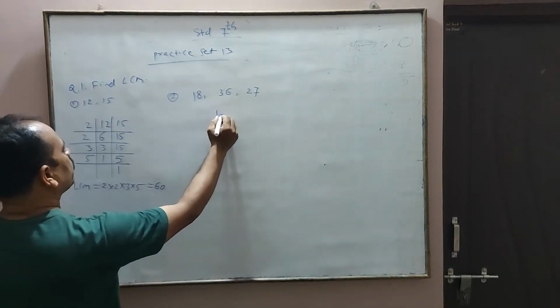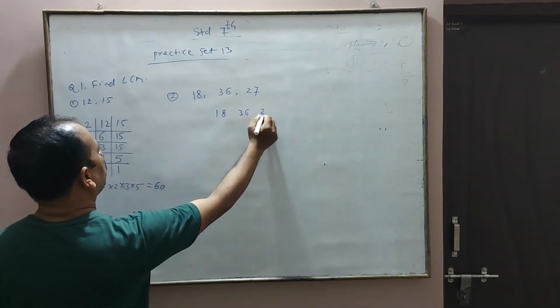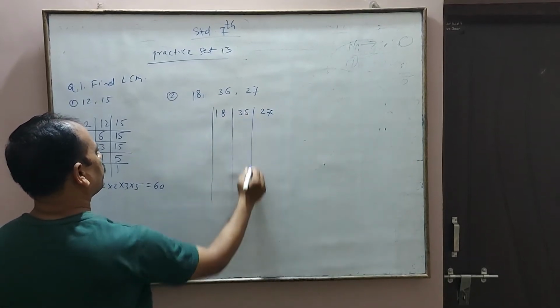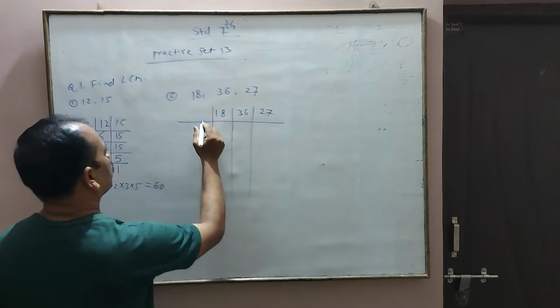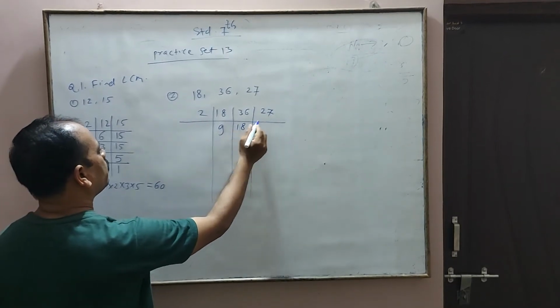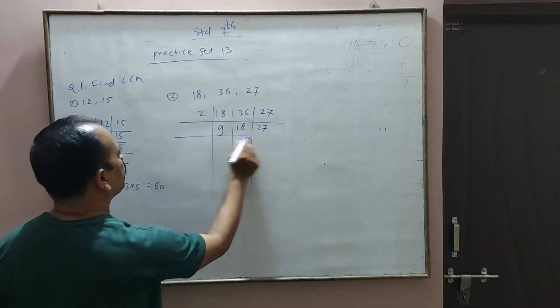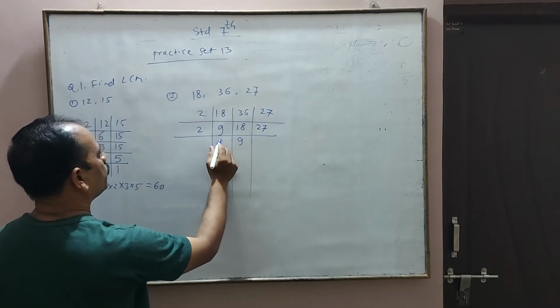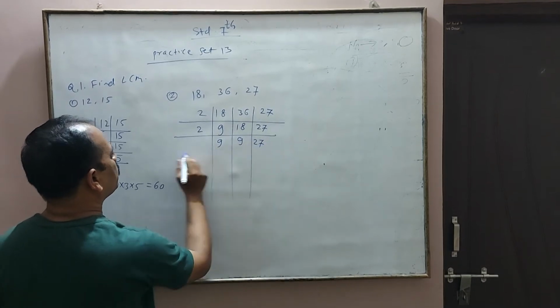Now see another example, 18, 36 and 27. Again I divide by 2. 2 9s are 18, half of 36 is 18, and this is not divisible by 2, I write as it is. 2 9s are 18, okay, this 9 and 27 as it is.